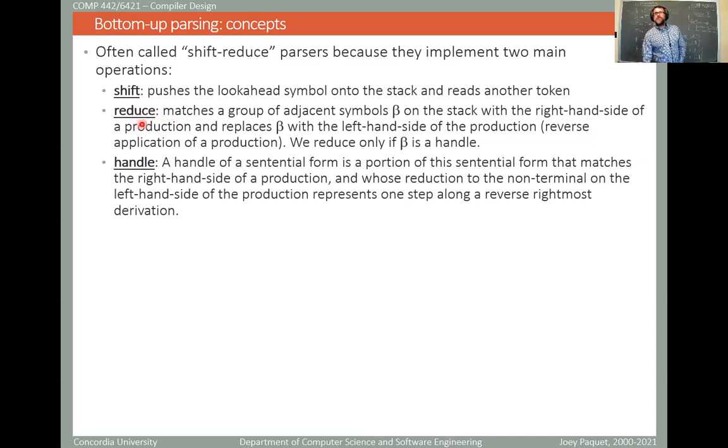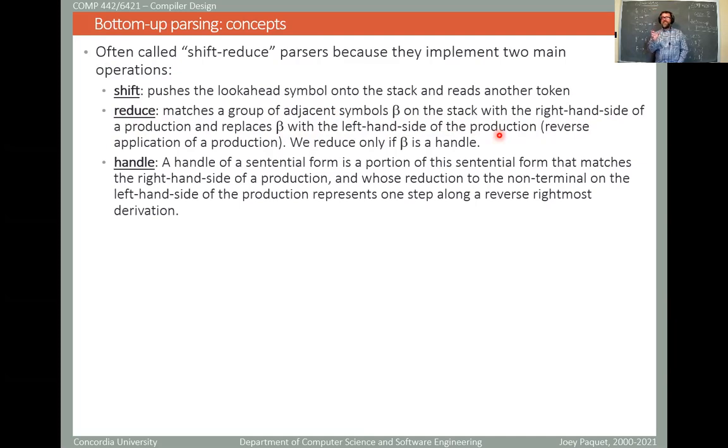What is reduce? Reduce matches a group of adjacent symbols beta on top of the stack with the right-hand side of a production, and then replaces this beta with the left-hand side of the production. Essentially, it tries to look up a full right-hand side that is on top of the stack.